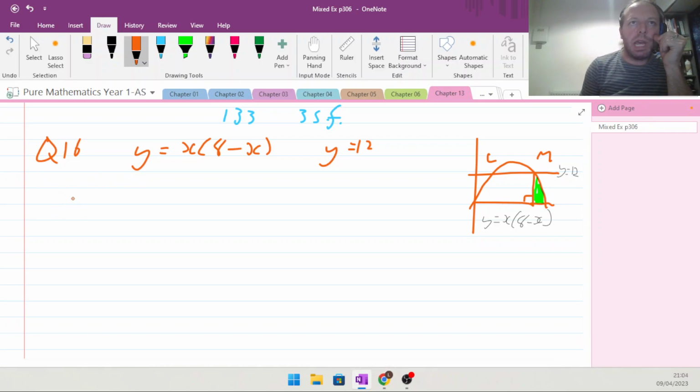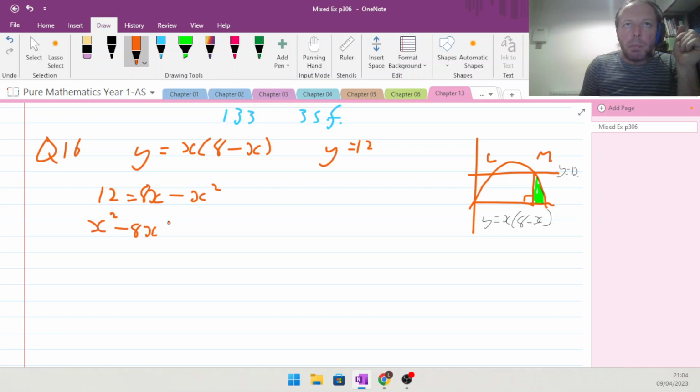When L and M are on y equals x(8 minus x), it's going to be when 12 is equal to x, and I'm going to multiply it out here, 8x minus x squared. That means we can change that around and get x squared minus 8x plus 12 equals 0.